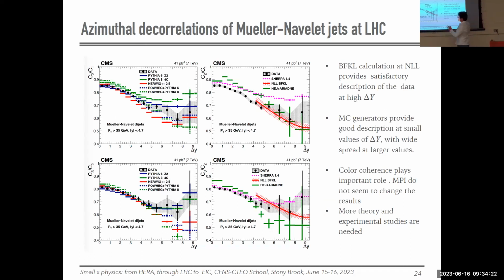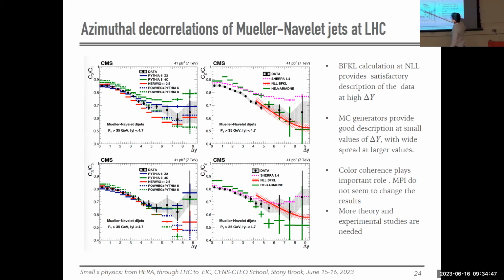And then left and right are just different Monte Carlo and different calculations overlaid. Now, I think this is the BFKL calculation, and it is okay-ish with the data, although here I would say it's maybe too large.